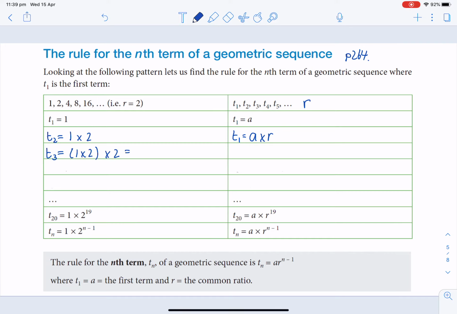So suddenly I've got 1 and I've got 2 2's. And in the second column, my T3 is my previous solution, and I multiply that by another R, which gives me A times R squared.